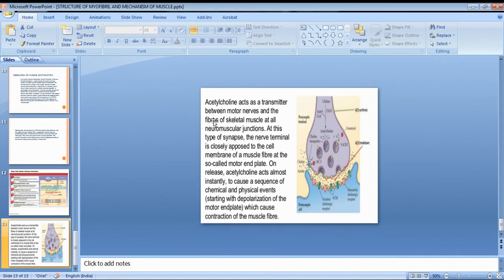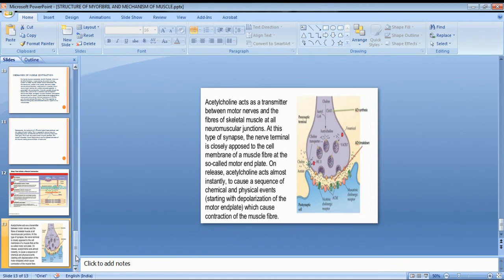Again, acetylcholine acts as a transmitter between motor nerves and fibers of skeletal muscle at all neuromuscular junctions, where the nerve terminal is closely opposite to the cell membrane of a muscle fiber at the motor end plate.